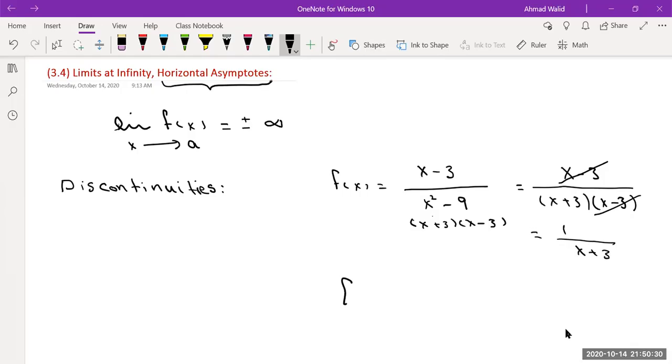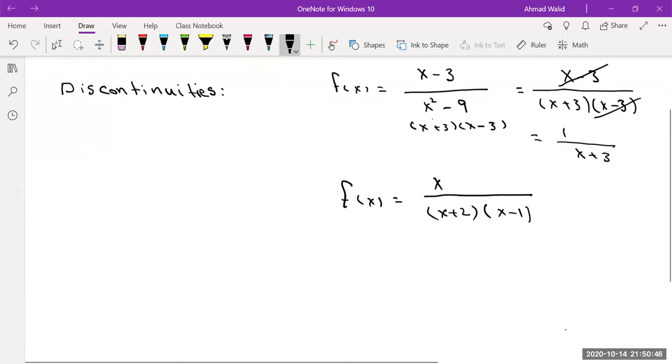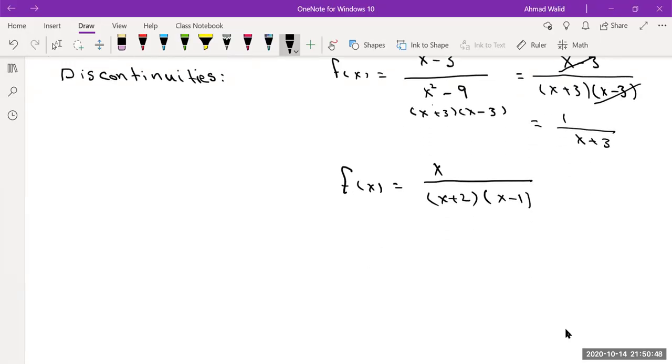Or in this example, for example, f of x equals x over x plus 2 times x minus 1. It's a rational function, correct? Even if you cannot cancel anything, for some values of x your denominator becomes 0, right? If I set x plus 2 times x minus 1 equal to 0, from here x equals negative 2 and x equals 1.